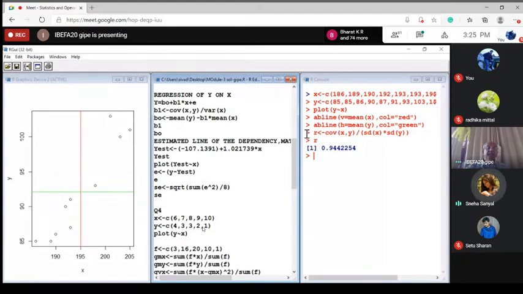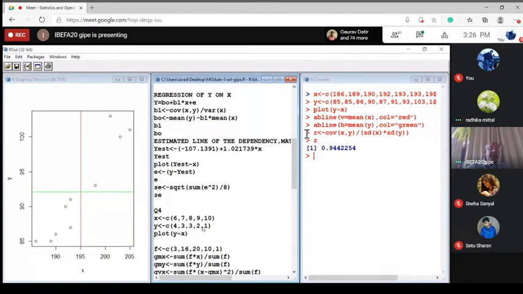So B0 is the intercept term, B1 is the slope term, and E is the residual or the deviation between the actual Y values and the estimated Y values. Perfect. What is your name? Sneha. Oh, okay. Very good.